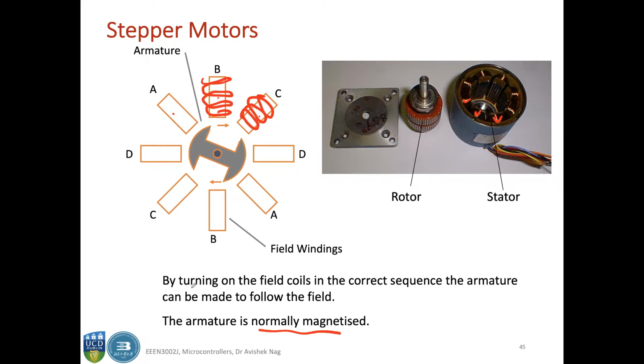So basically, by turning on the field coils in the correct sequence, the armature can be made to follow the field. These are labeled A, B, C, D, and the exact 180 degree opposite is labeled the same, which is A, then B, C, and D again.